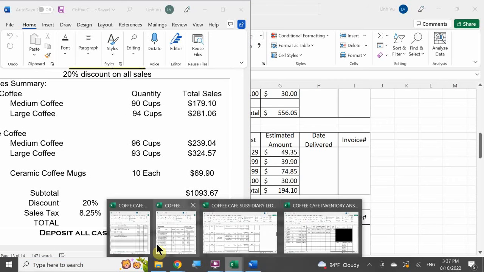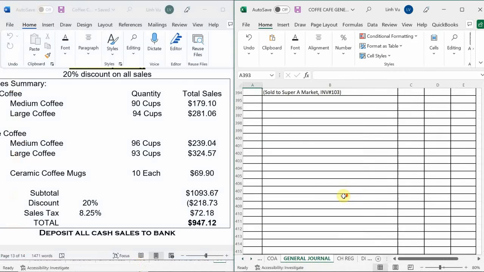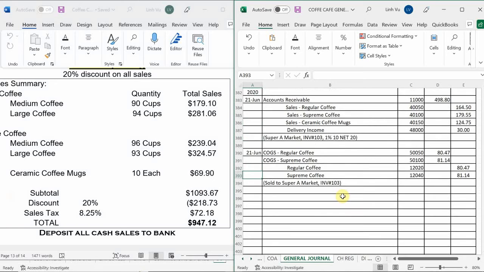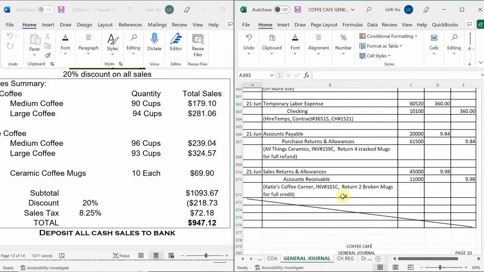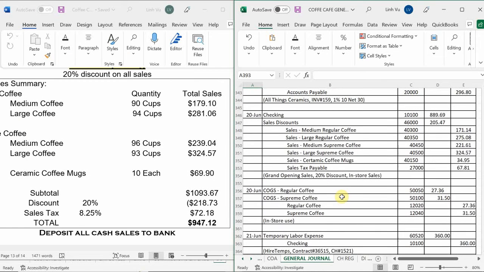So, what do I need to do with this transaction? We just go back day on the general journal. Okay, there you go. We can just copy this whole thing because it's for the in-store sales.